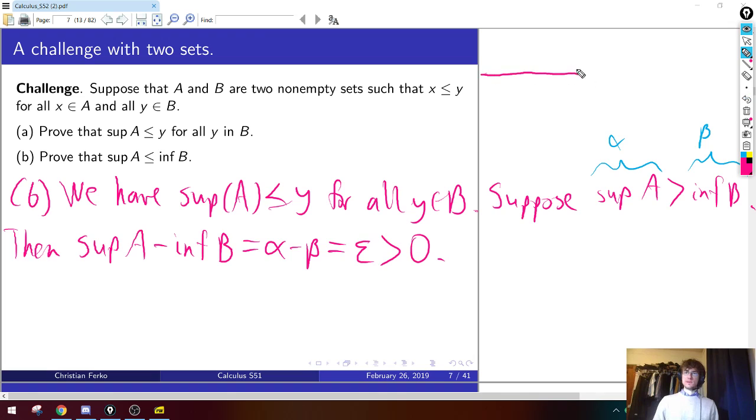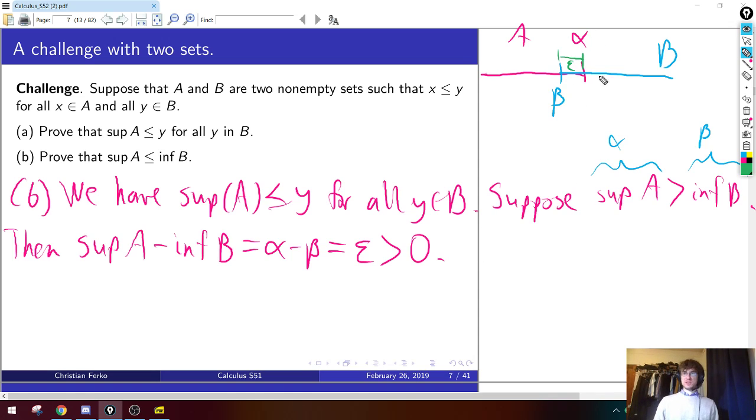So if here is A, and then alpha is here, and then alpha has some finite distance epsilon from beta, here. What we're assuming by way of contradiction is that this little distance, alpha minus beta, is some positive number epsilon. That's just the picture of the contradiction.